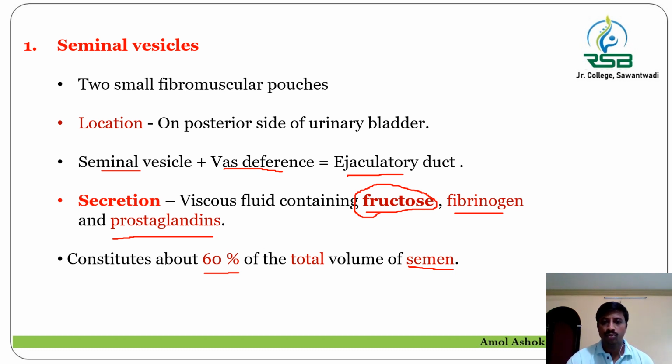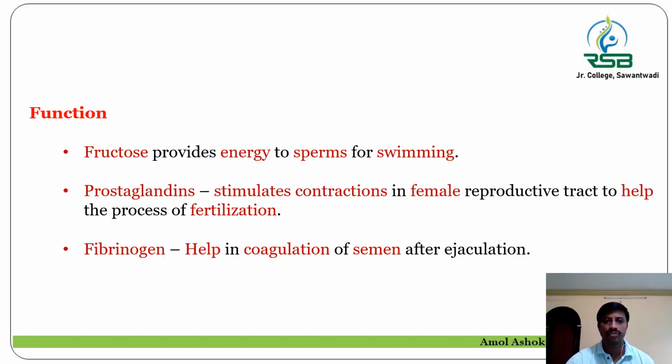Then let us come to know the importance of these secretions: fructose, prostaglandin and fibrinogen. What is the role of fructose in the seminal vesicle secretion? Fructose provides energy to the sperms for swimming in the female reproductive tract.